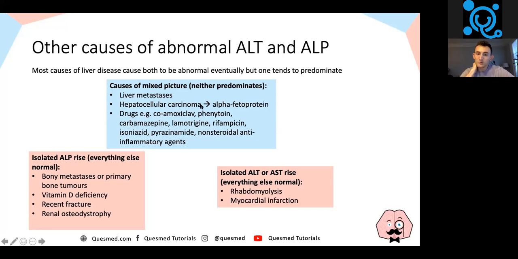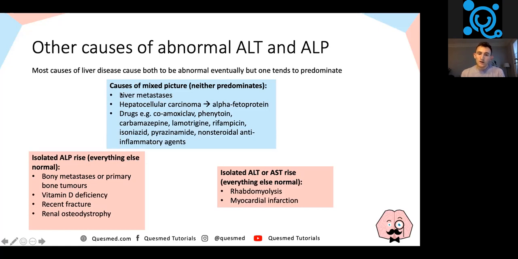Hepatocellular carcinoma can cause both to be elevated, and that's where we can send that alpha-fetoprotein as a tumour marker. And drugs are quite a major cause of derangement of ALT and ALP together. And there's a list of drugs there that can cause liver function derangement. Co-amoxiclav being a very important one to remember in a hospital because so many patients are prescribed co-amoxiclav in the hospital.